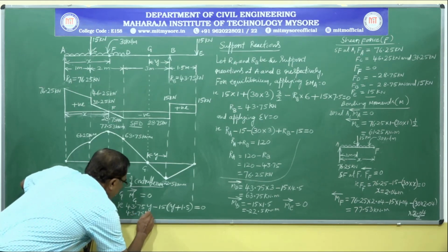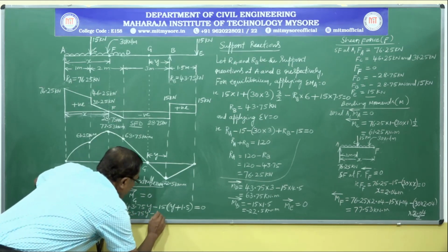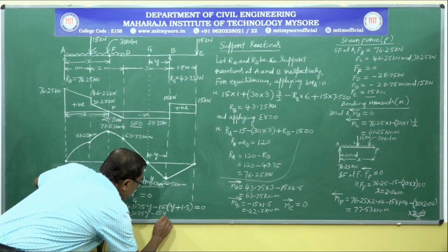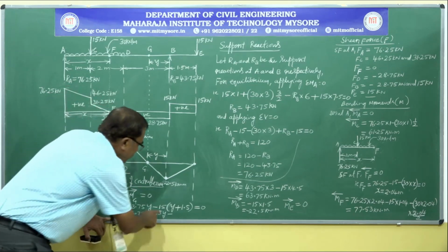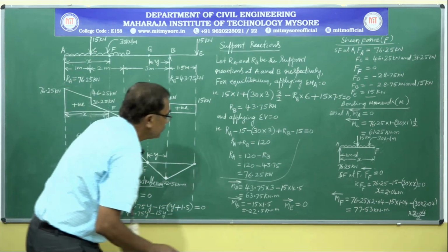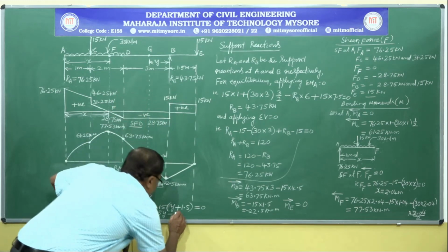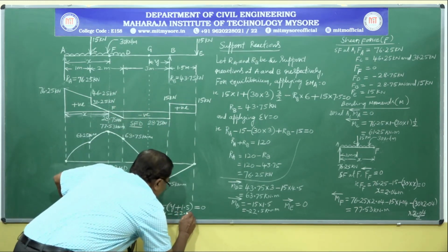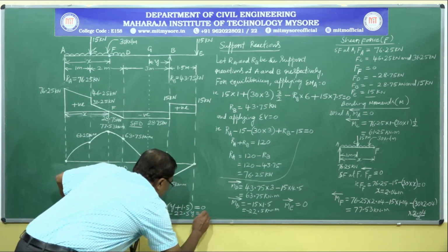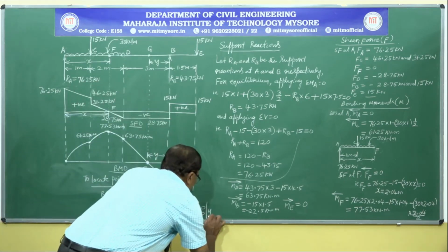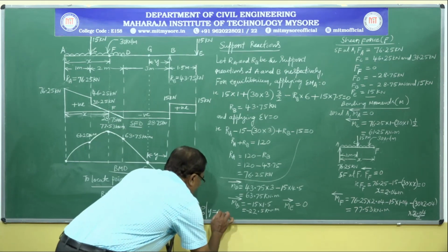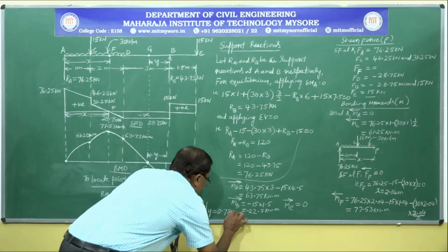So 43.75 y minus 15 y minus 15 into 1.5, which is 22.5, equals 0. That is 28.75 y equal to 22.5. Solving this, we get y equal to 0.78 meter.